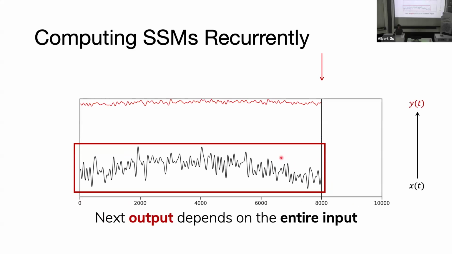As a function, there is some function that takes this entire prefix and computes this one new output number. This output really depends on the whole thing, which means the time it takes to compute this should scale with the length of my input.